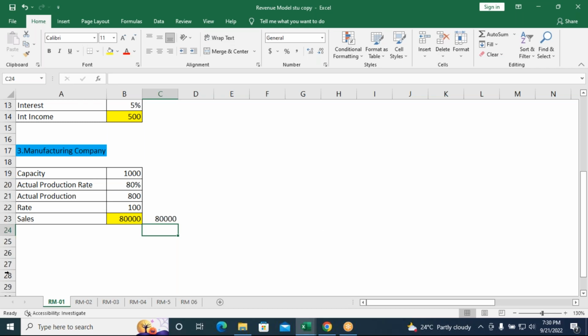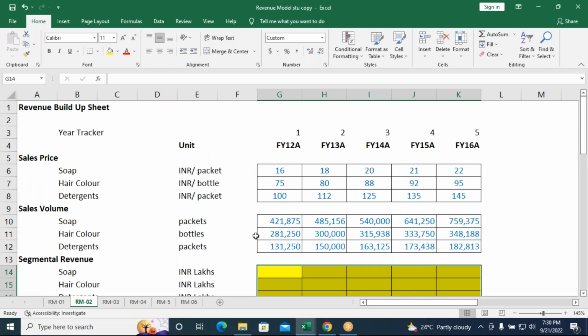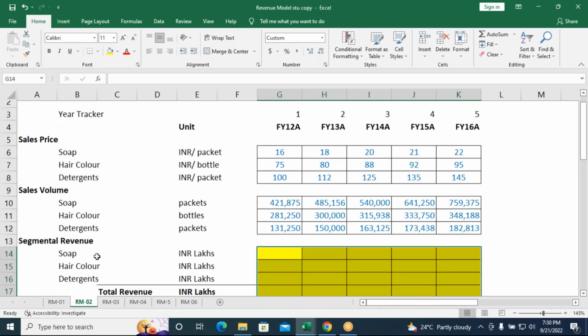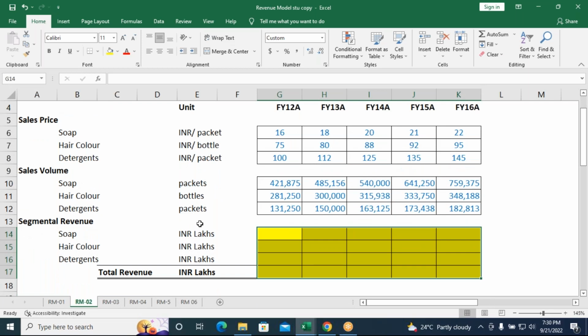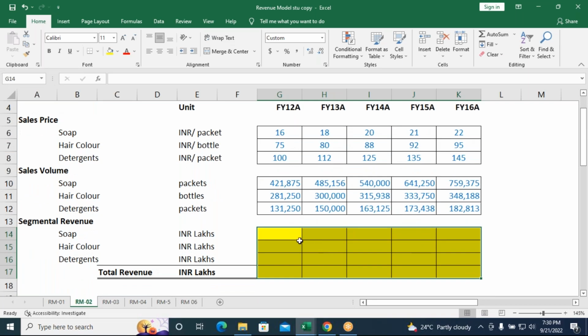It's already 7:30. So here, the revenue build-up sheet. There is a tracker where we are seeing the sales price, sales volume, and segmental revenue. Here the soaps in packets, how much we are selling, the volume in packets, the quantity, and the total revenue. I want you people to do the calculation of this and tell me.